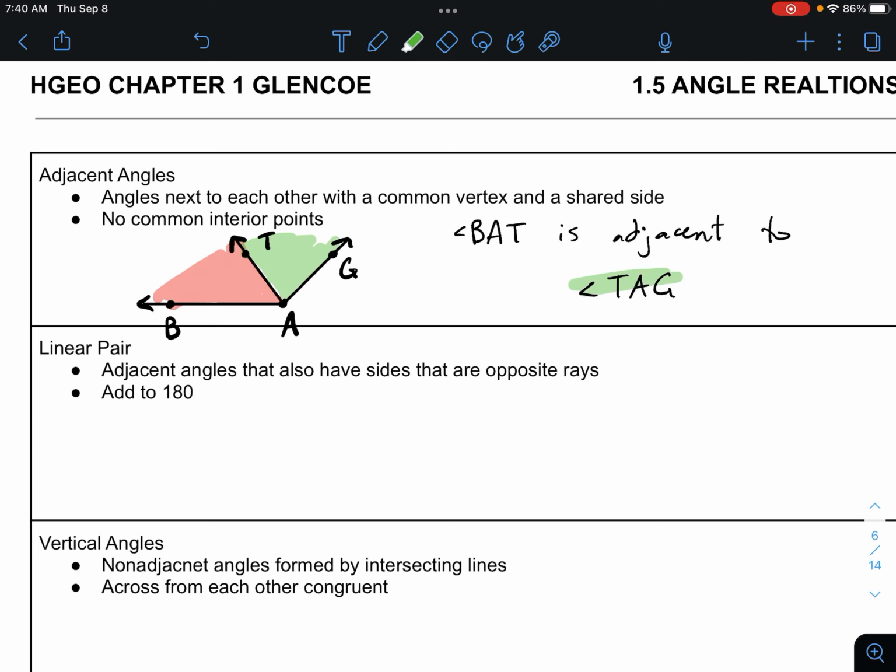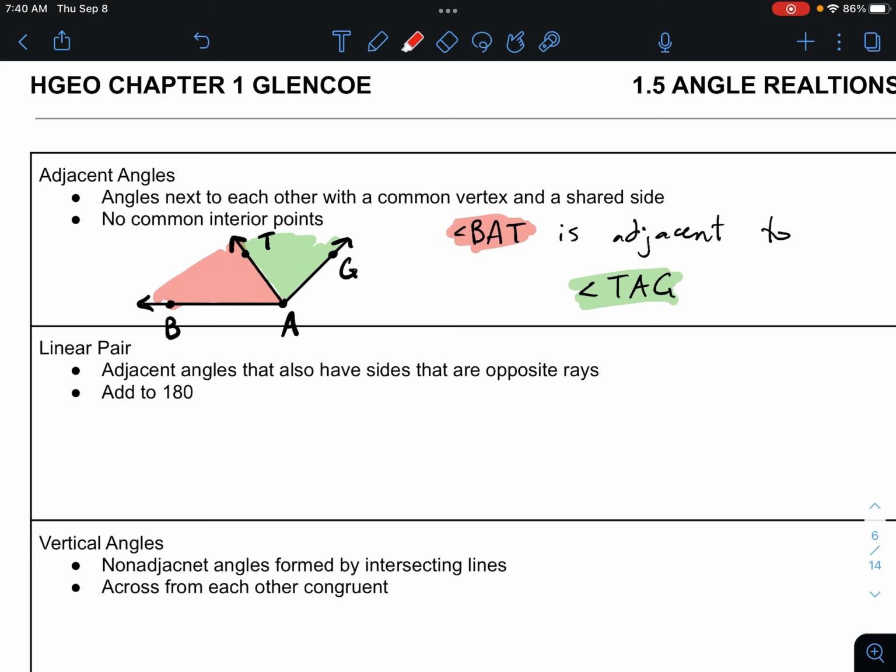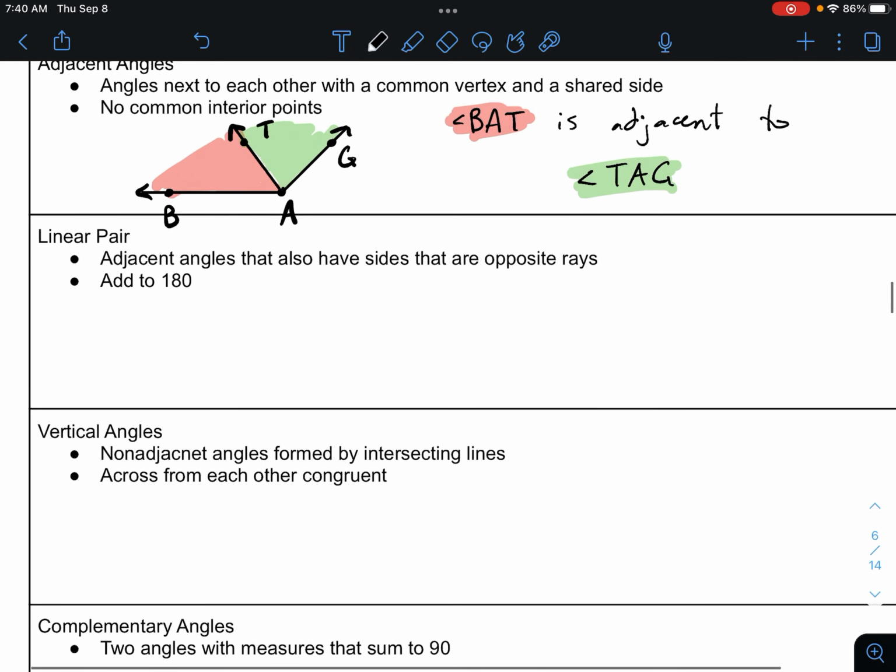They have to have a common vertex and they have to have a shared side, and then they are therefore adjacent. Notice there's also no common interior points. So if I pick a point that's inside angle TAG, it's not also inside angle BAT. Completely separate. There can't be any sort of overlap.